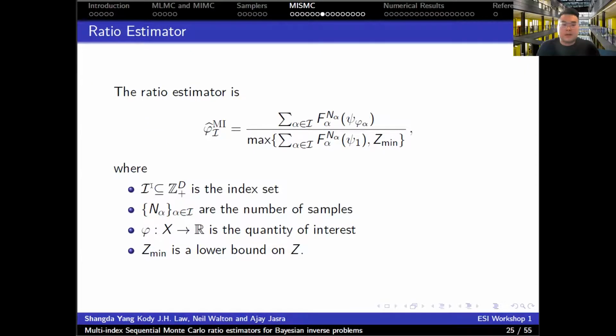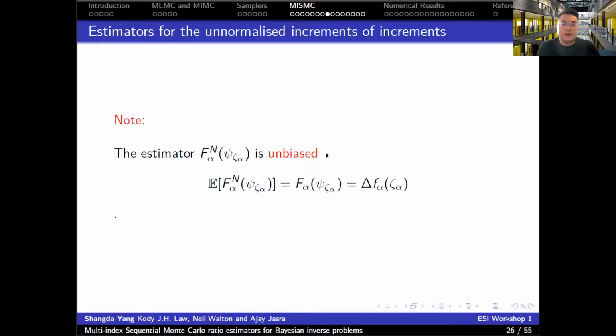Where I is the index, N alpha is the number of samples, and this var phi is the quantity of interest. This one stands for the estimation of the normalizing constants. We require that the normalizing constant is lower bounded by some minimum constant.